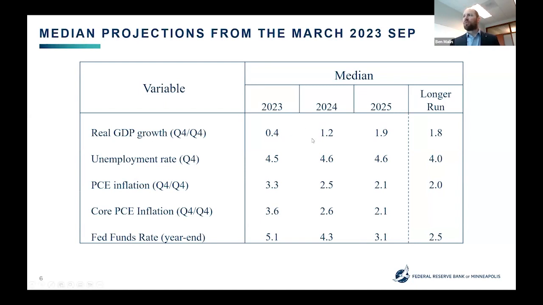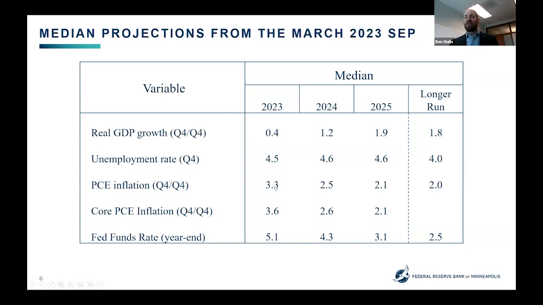And then growth picking up next year and into 2025 being more at its long run level of about 1.8% at an annual rate. For the unemployment rate, we currently have an unemployment rate of 3.4%. So the median member sees unemployment increasing by about a percentage point by the end of the year, which would be consistent with this economy growing at a slower rate than its potential.